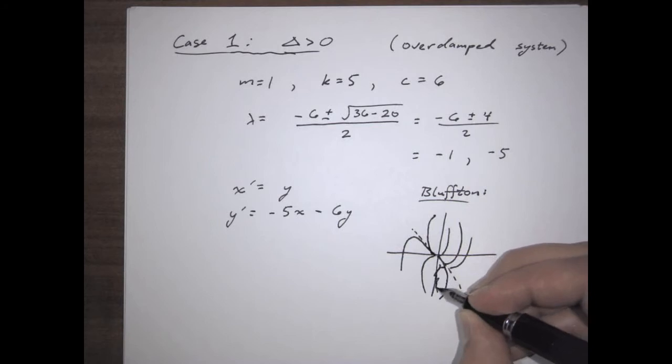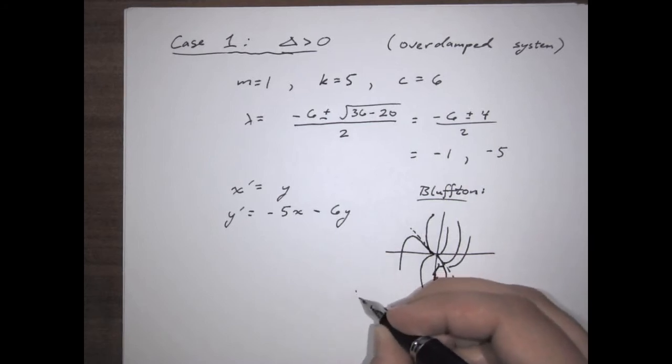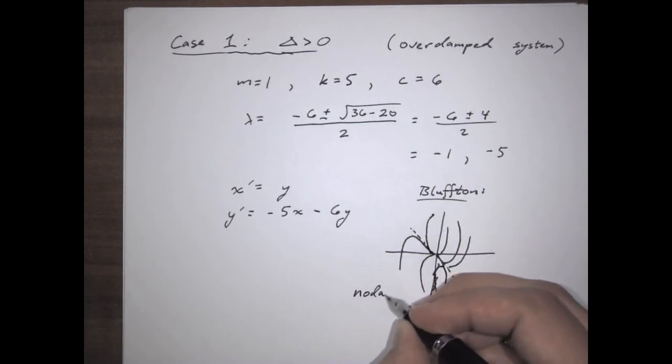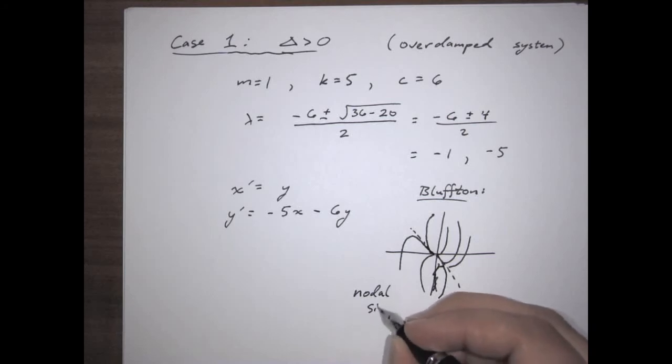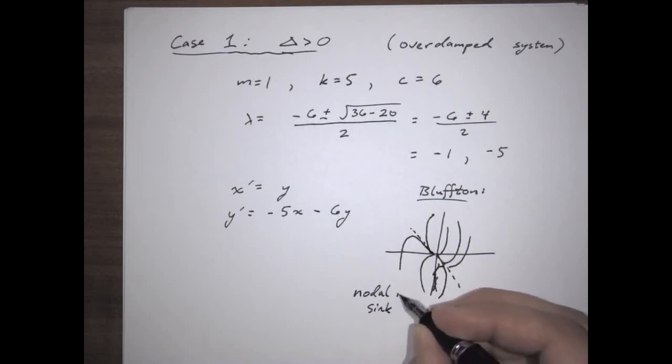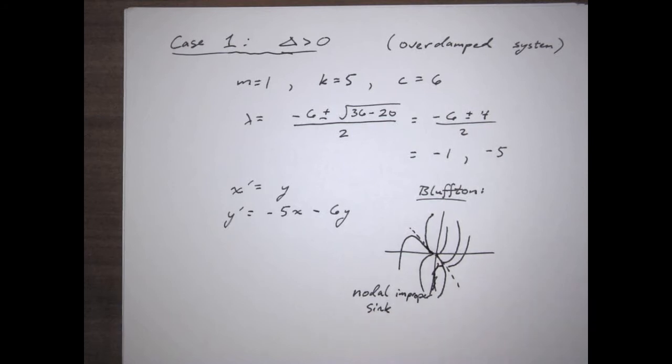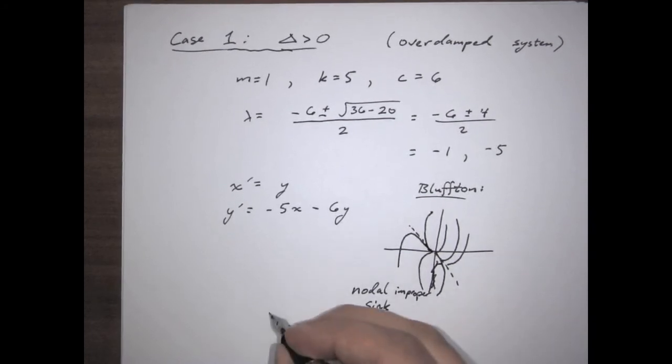That last one. So it's a nodal sink, and it's improper. So it's an improper node, and then the time plot.